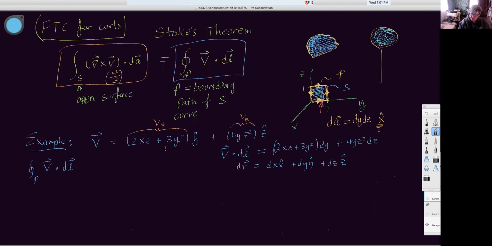There's no dx because there's no x component of v. We're going to integrate this over each side, so let's break up the sides.